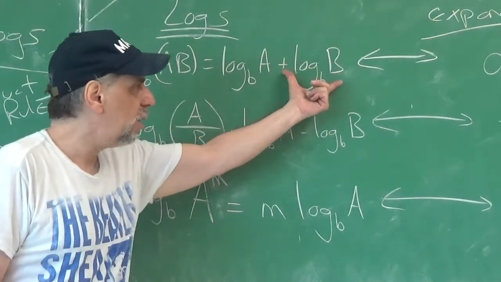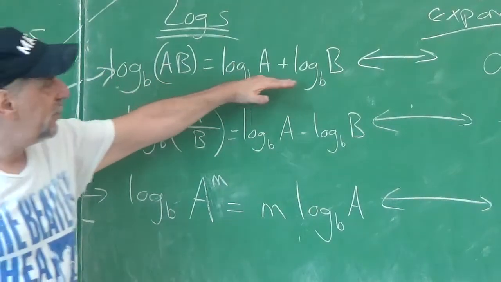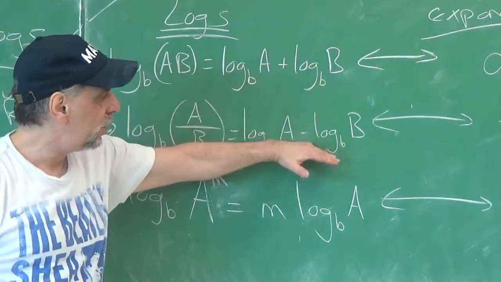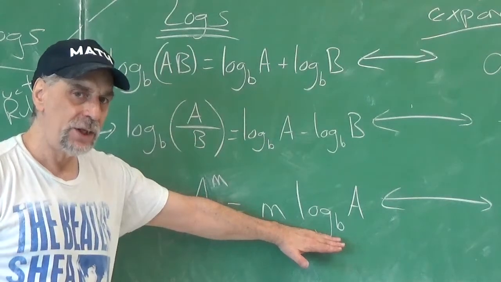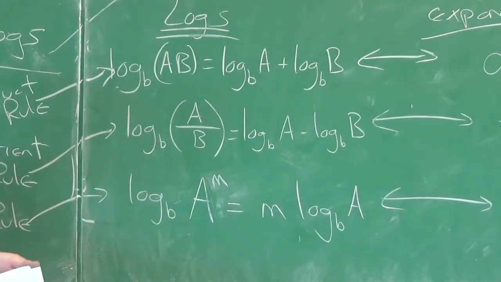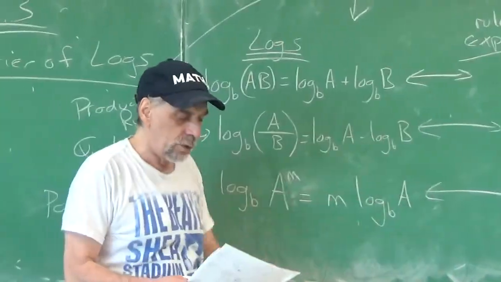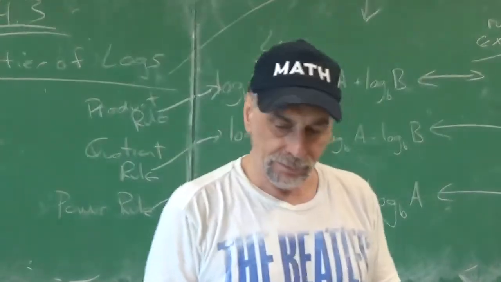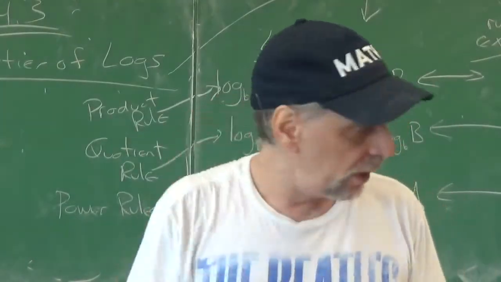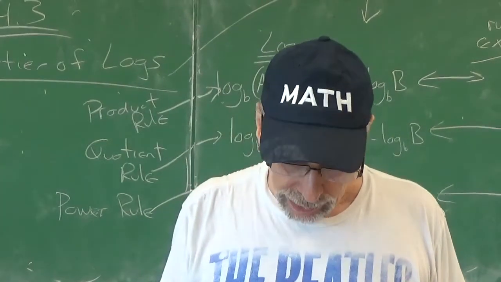And we also want to go from this back to this. That's called condensing. So if we're given an expression that has sums or differences or multiplications in front of logarithms, if we go back this way, it's called condensing into one log expression. If we expand, we're going from the left to the right. So that's what we want to look at here in 4.3.